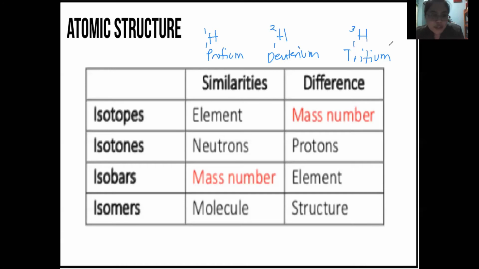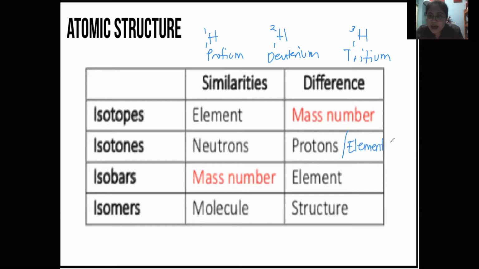And then, you have isotones. Sa isotones naman, yung similarities nila, pareho sila ng number ng neutrons. And yung difference nila is number of protons, which means class, ibang element yan.